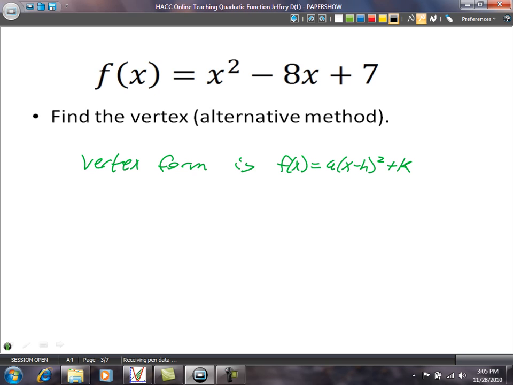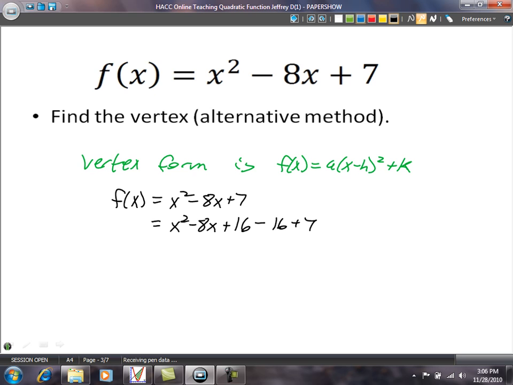Here's my function, f of x is x squared minus 8x plus 7, and then I want to take half of b, which is negative 8, divided by 2, and square it. Negative 4 squared is 16. So really all you're doing is adding 16 and then subtracting 16.